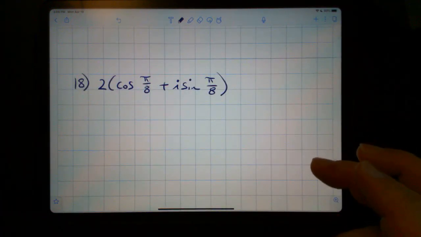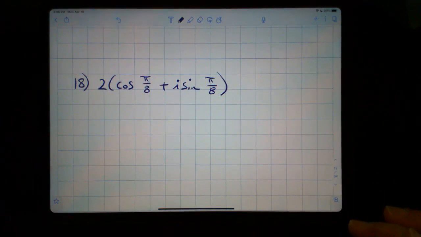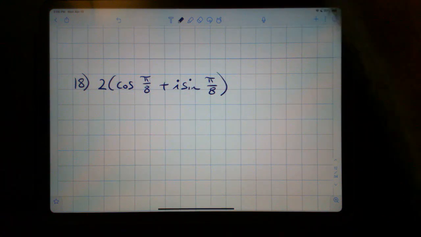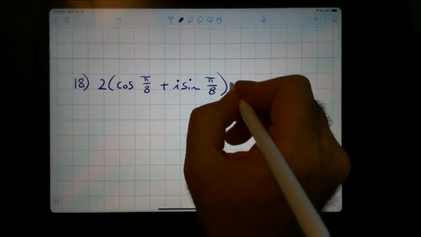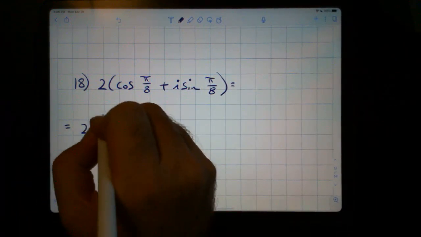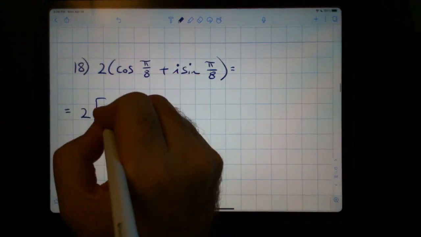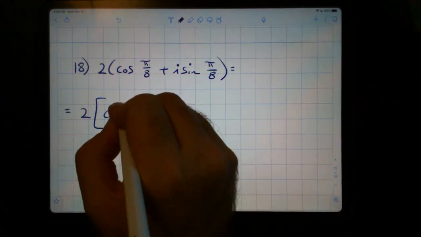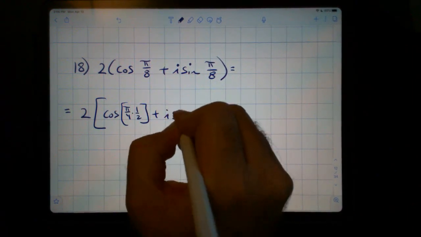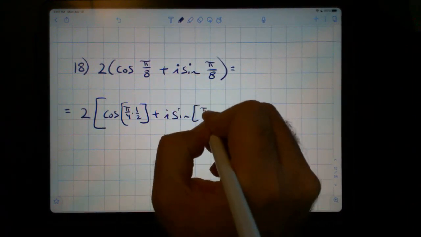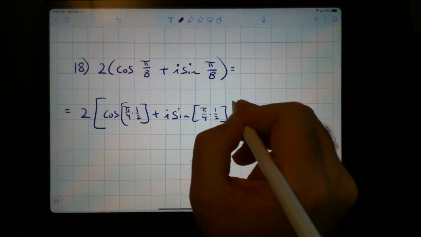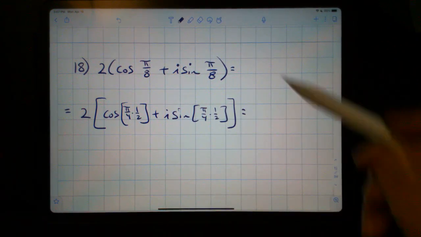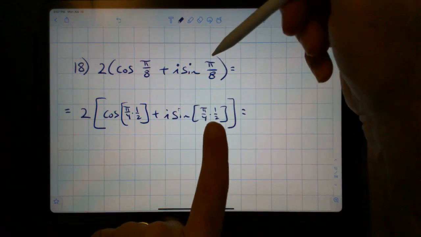Okay, so for here, I'll use a half angle formula. Pi over 8 is the same thing as pi over 4 times 1/2.